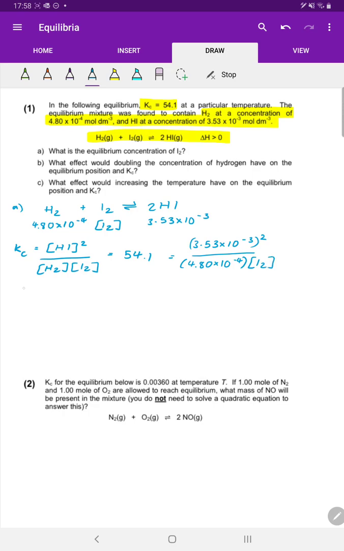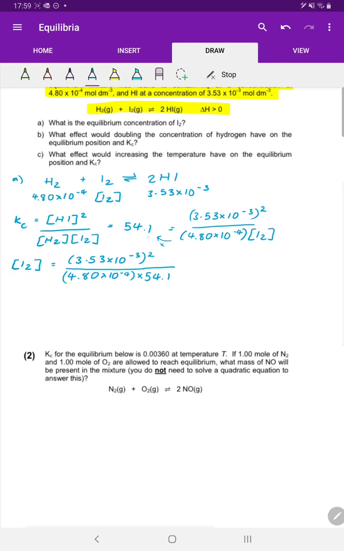I can rearrange this to then work out concentration of iodine, and that will be 3.53 times Kc. Just to explain how I work that out, I multiply up this side of my equation and then divide back down, leaving behind my iodine, just in case you wondered.